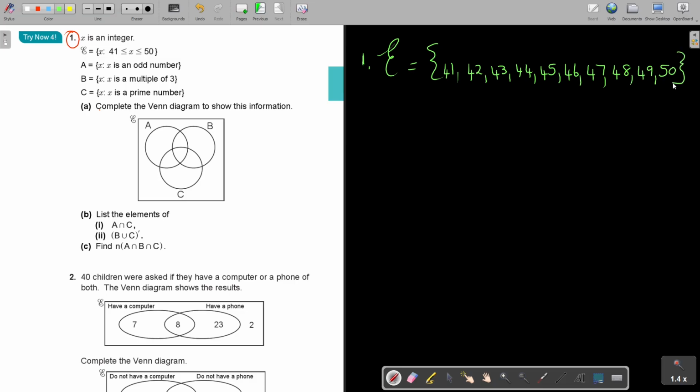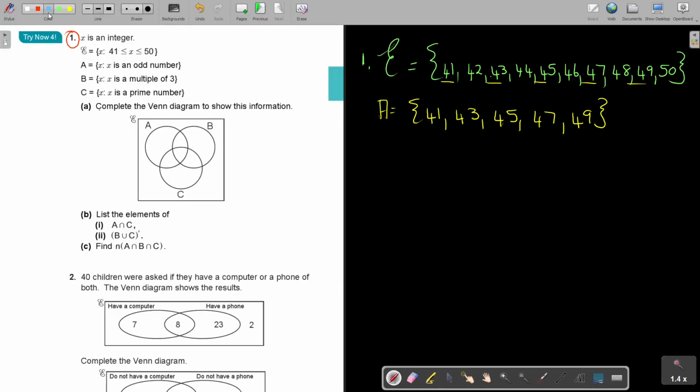Okay, write it out. Now I start. What is A? I'm going to make it another color. So A is the odd numbers. So it's 41, 43, 45, 47, 49.